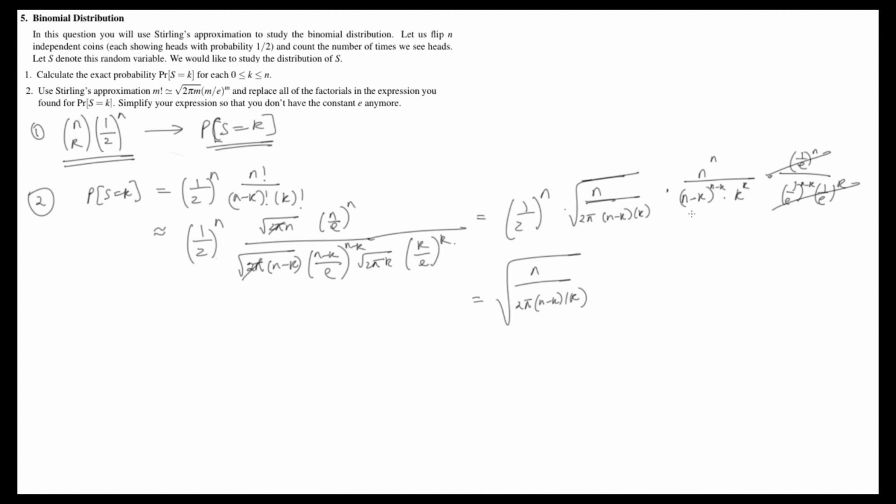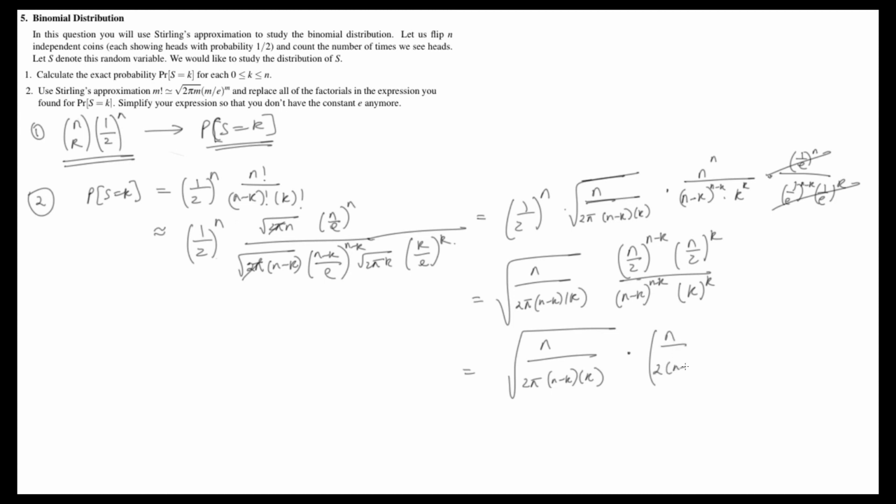I'm going to pull the 1 over 2 to the n into the n to the n, and we're going to get n over 2, and I'm going to split n to the n into n to the n over 2 to the n minus k times n over 2 to the k, divided by n minus k to the n minus k times k to the k, which is just equal to root of n over 2 pi n minus k times k, times, pulling each of these numbers into their respective fractions, n over 2 times n minus k to the n minus k, times n over 2 times k to the k.